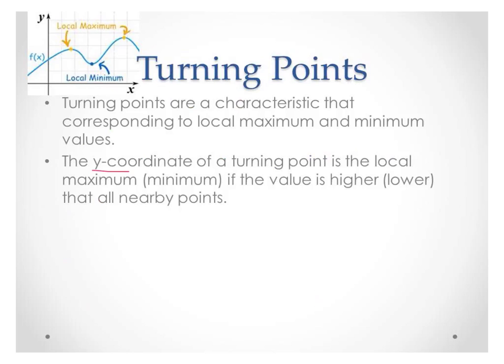So we're looking at the y value. If you have something that looks like this, there's a minimum, maximum, minimum, maximum, minimum. On all its surrounding points, if that y value is greater or less than the surrounding points, it's a local minimum or maximum.